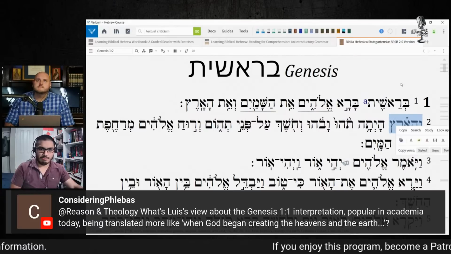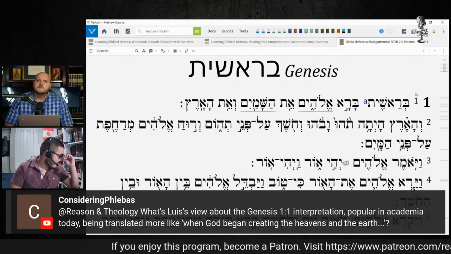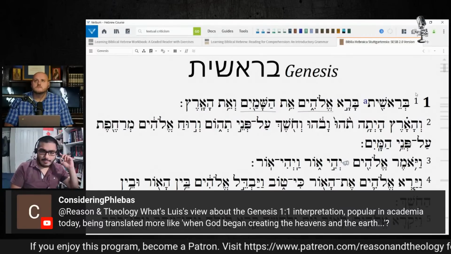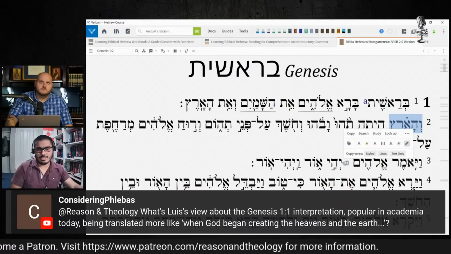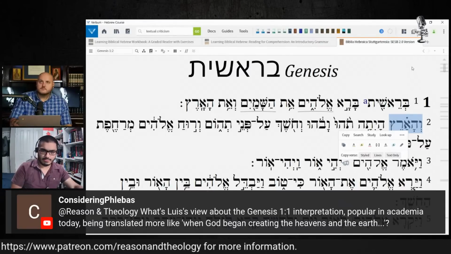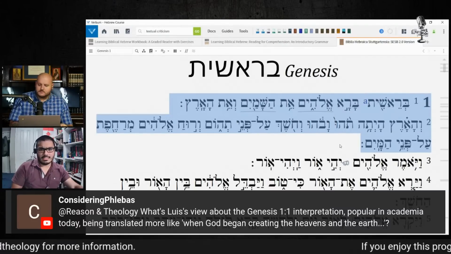So if you take it literally, it'd be "and the earth was." Remember, the vav can be conjunctive or disjunctive. So there is some debate over the function of the vav in this particular passage.